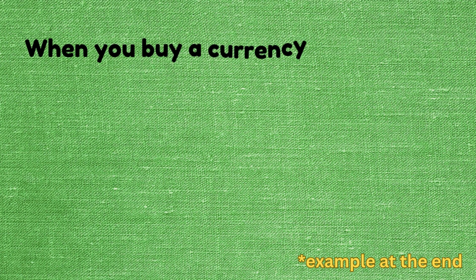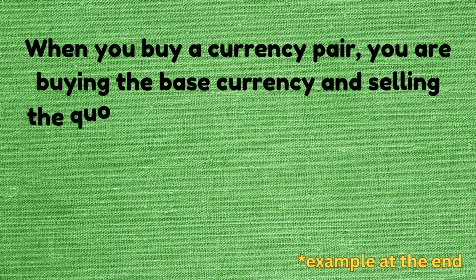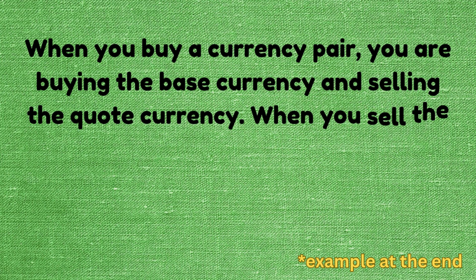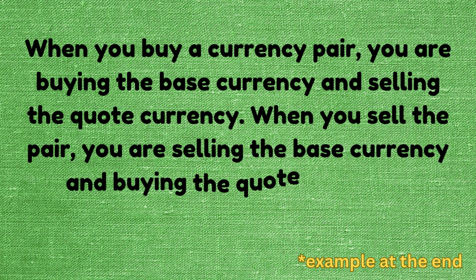When you buy a currency pair, let's say for example Euro USD, you are buying the base currency, which is euro, and selling the quote currency, which is USD. And when you sell the pair, which is Euro USD, you are selling the base currency euro and buying the quote currency.